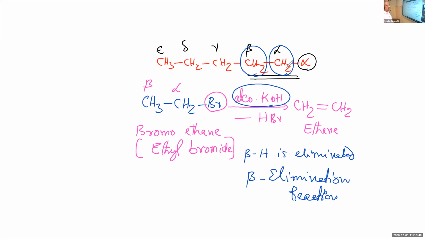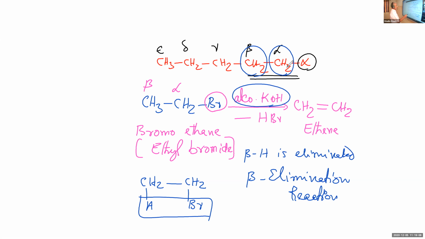The beta hydrogen is eliminated as HBr, then we get the product ethylene. Let me show the reaction like this: CH3CH2Br, and there is elimination of HBr. See, that is the reaction.